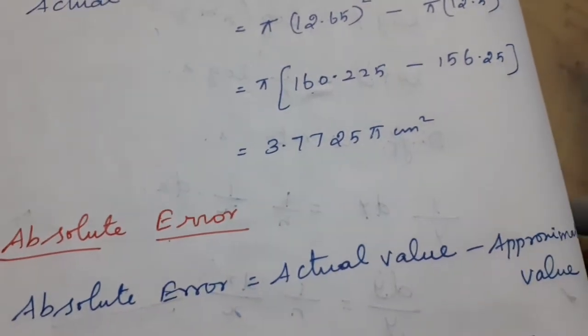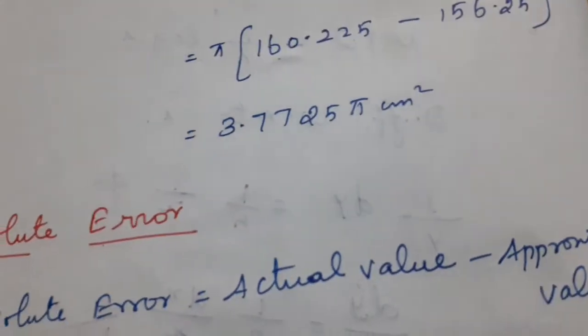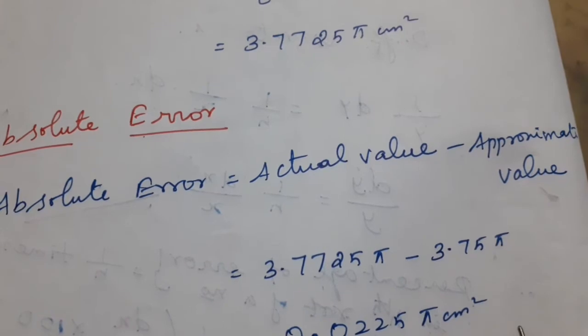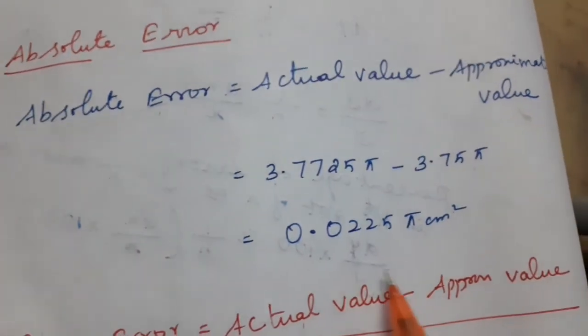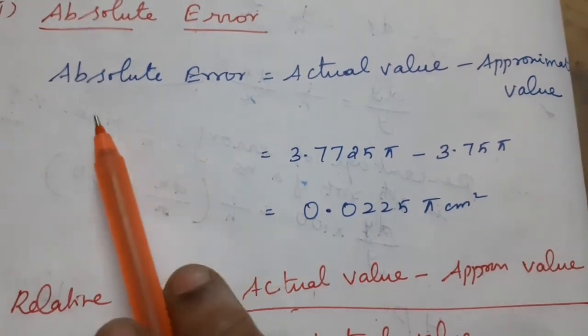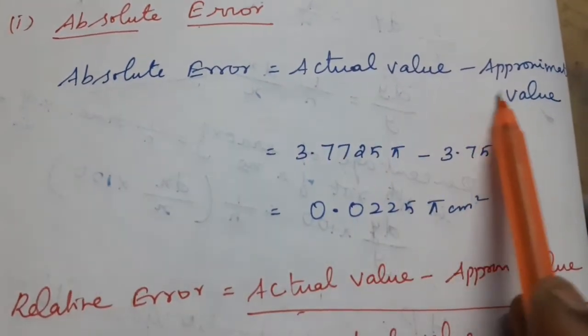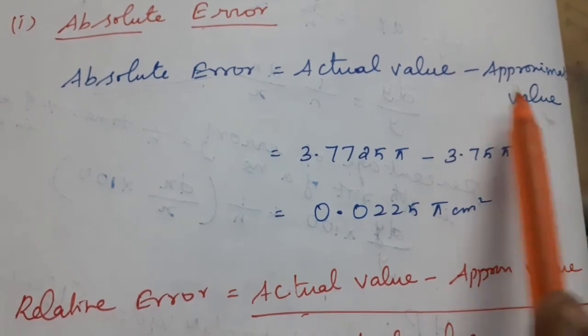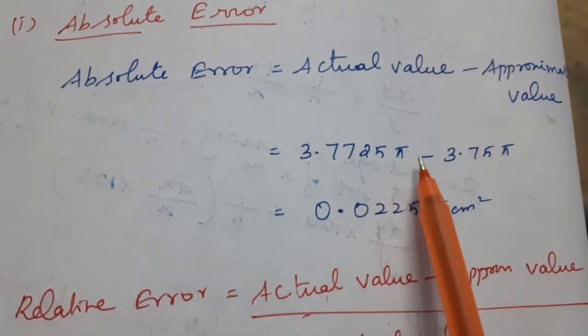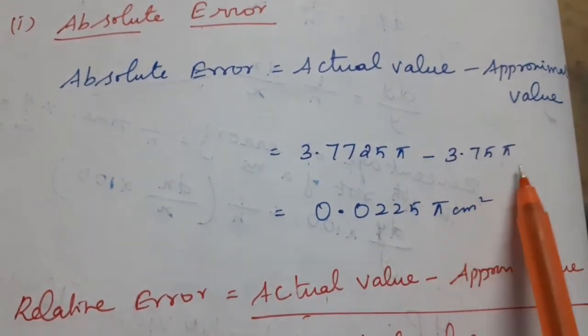You subtract: the absolute error equals actual value minus approximate value. Substituting, the actual value is 3.7725 pi minus the approximate value, 3.75 pi.